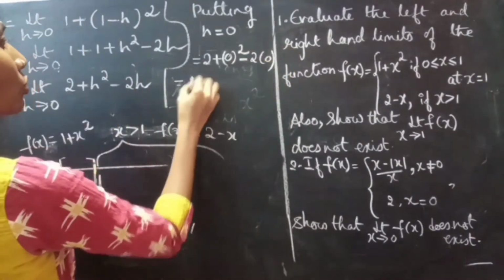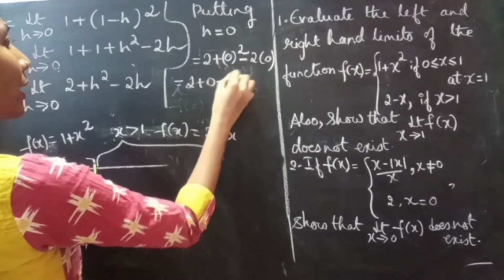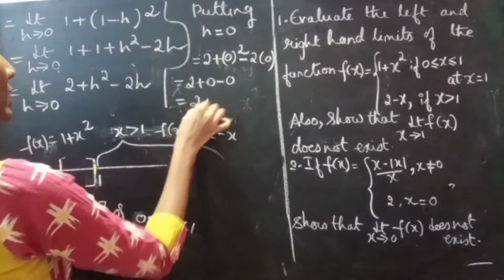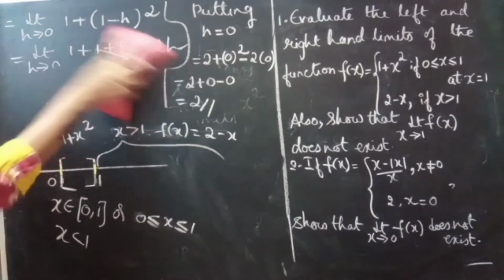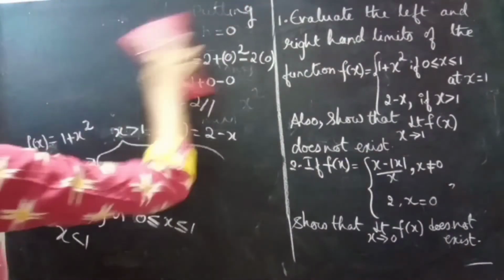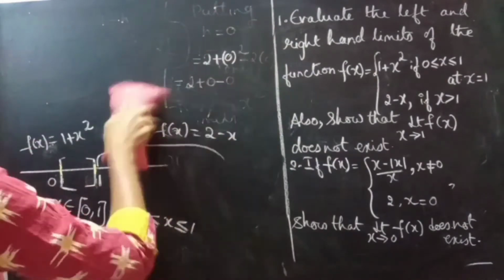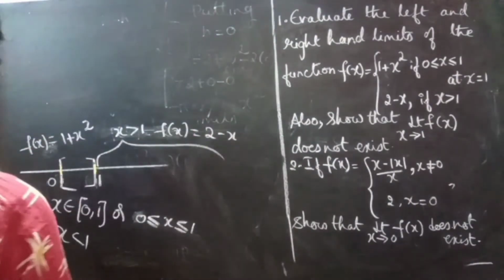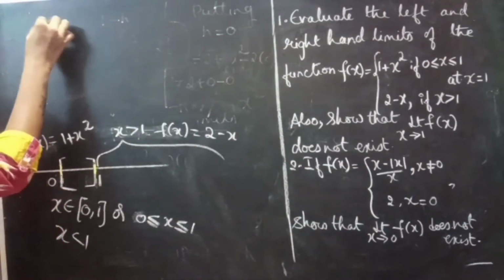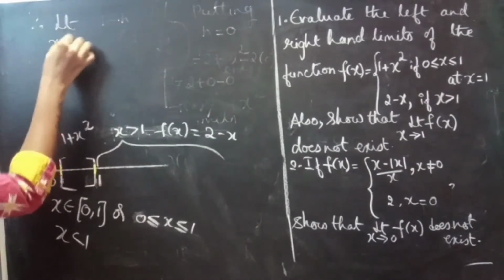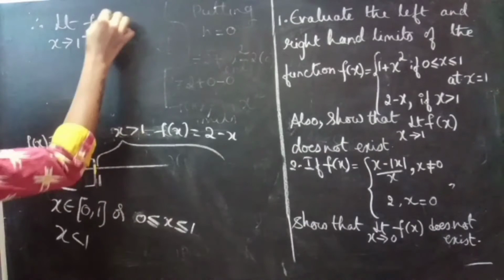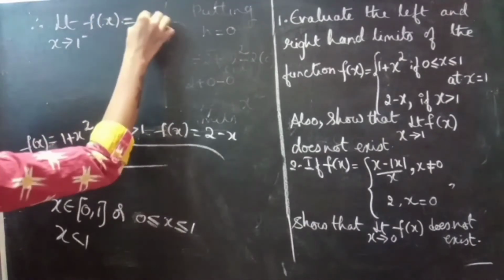So this equals 2 plus 0 minus 0. So the answer is 2. Therefore, limit x tends to 1 minus f of x equals 2.